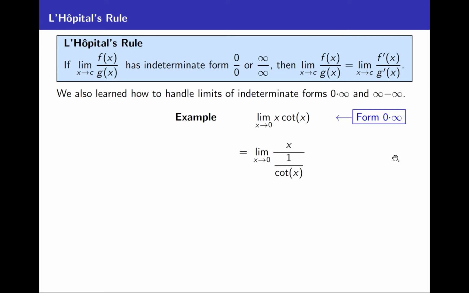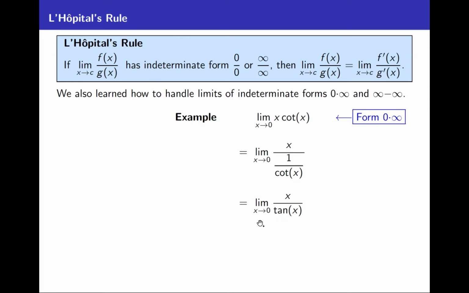We learned last time to handle a limit like this by keeping one factor at the top and bringing the other factor down to the bottom as its reciprocal. And let's leave x at the top because x has a really simple derivative. And we'll bring cotangent x down to the bottom as 1 over cotangent x. Now, 1 over cotangent x is tangent x.